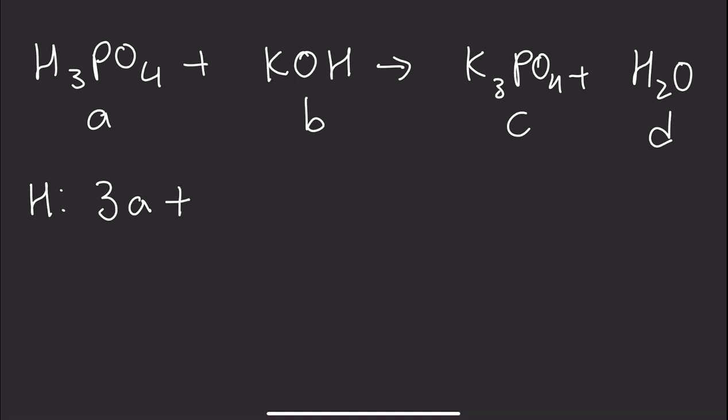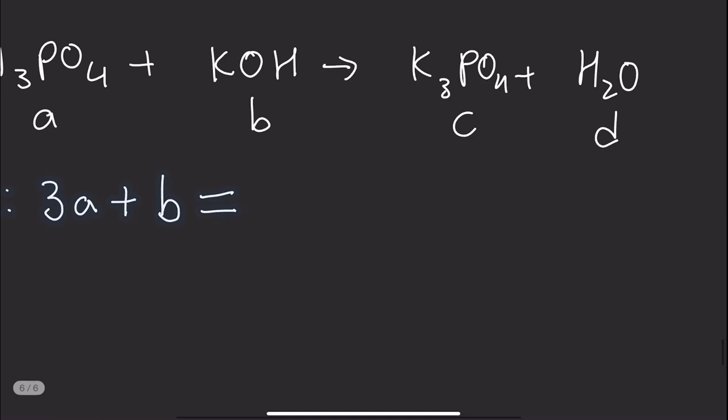Plus, because these two are on the same side, plus B, because there's 1 H, equals 2. So whenever there's an arrow in the middle, we replace that with equals 2. How many H's are there? C, none, right? So it's 0. Plus, since there's 2 H's in D, 2D.